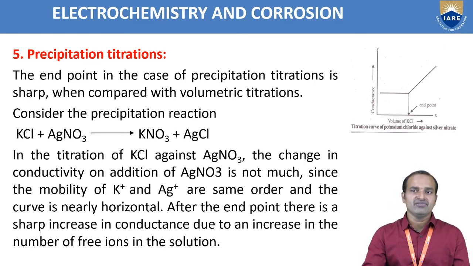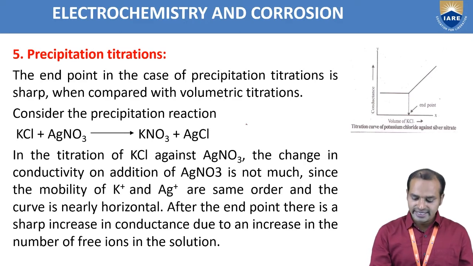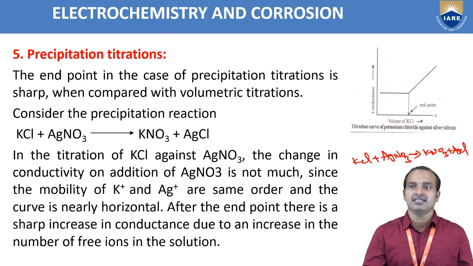When compared with the volumetric titrations, consider the reaction: KCl reacts with AgNO3 to form KNO3 plus AgCl. In this titration of KCl versus AgNO3, the change in conductivity on addition of AgNO3 is not much. This AgNO3 we take in a burette, and KCl is taken in a beaker.